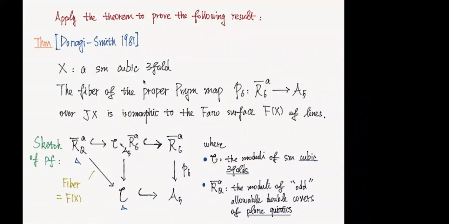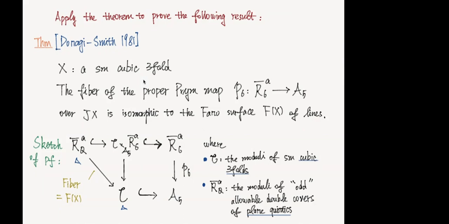Then I also have some pre-map from this double cover of general plane quintic curves to A5. So the theorem says that the fiber over its JX is isomorphic to the Fano surface of lines, which essentially corresponds to you choosing different lines in X and you project from these different lines. Okay.